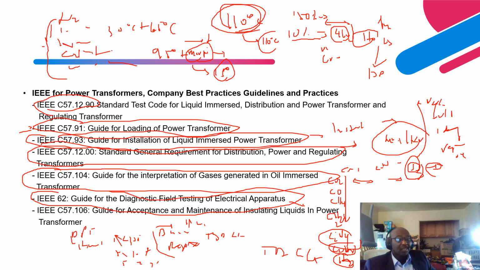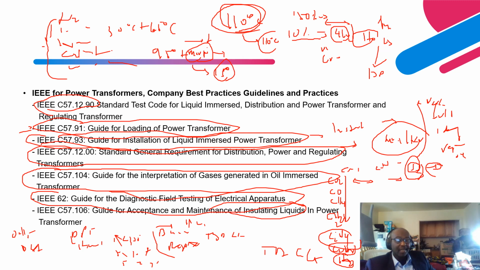Okay. The next standard is C57.106, the guide for acceptance of insulating liquids, right? Basically, this boils down to oil quality testing and DGA, or the gassing that you see over here.